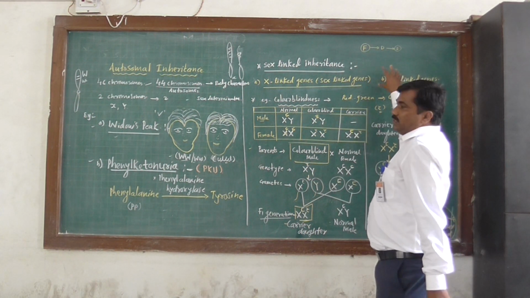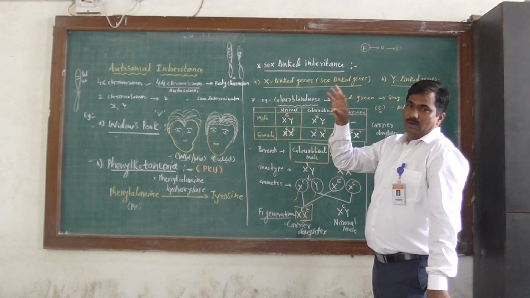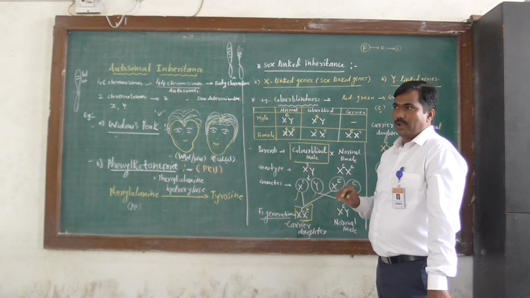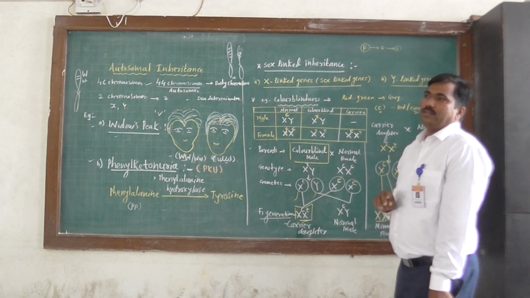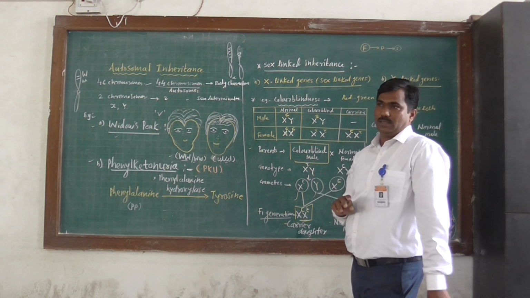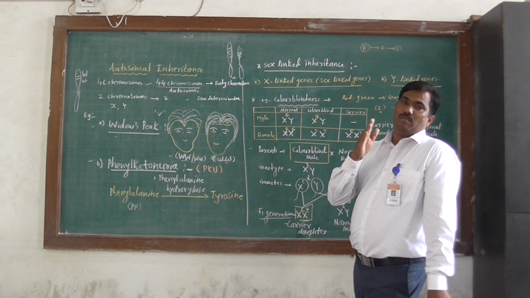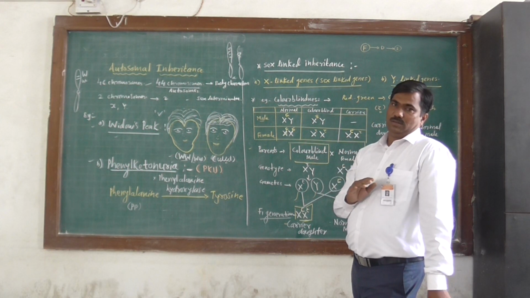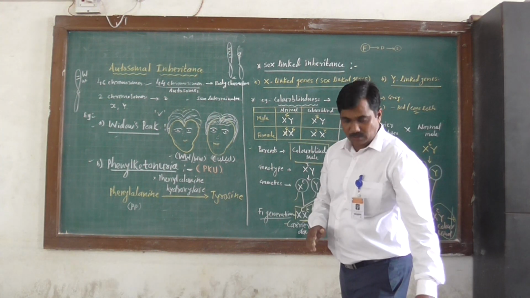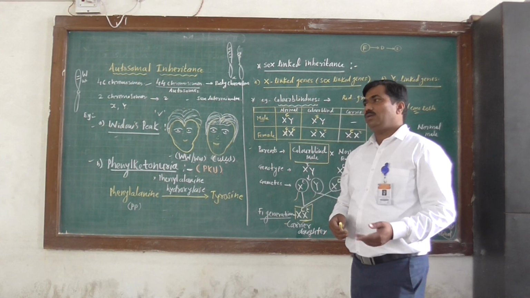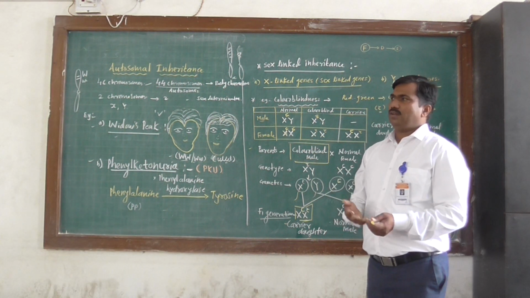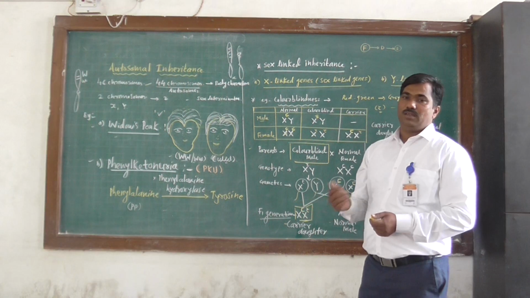Then Y-linked genes are located on the non-homologous region of the Y chromosome, and they show straight inheritance, directly from father to son. They are inherited only from father to son, because the Y chromosome is absent in a female, therefore Y-linked traits never occur in a female.